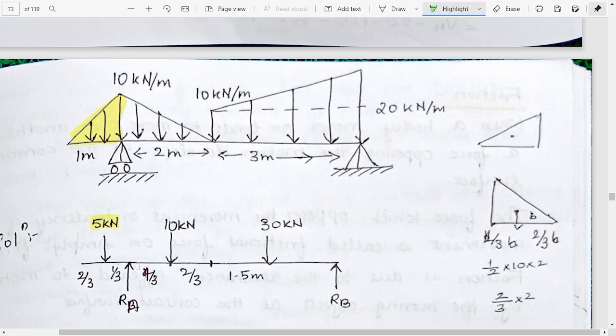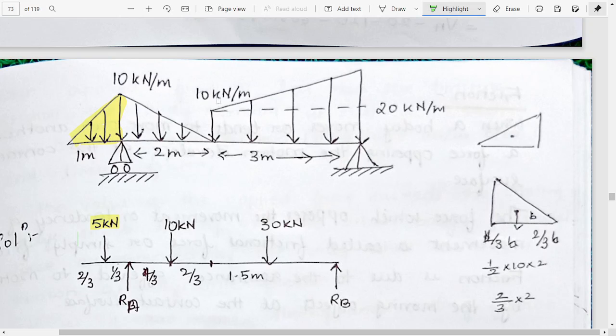Why? Because the centroid of a right angle triangle will be 1 by 3 from the 90-degree angle, and 2 by 3 from the small angle. That is why it is kept like this.